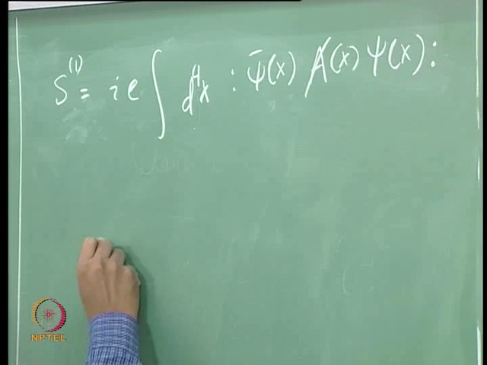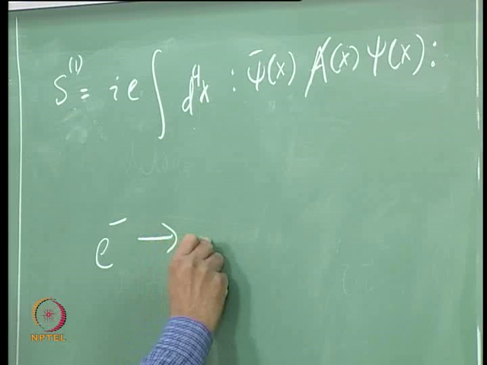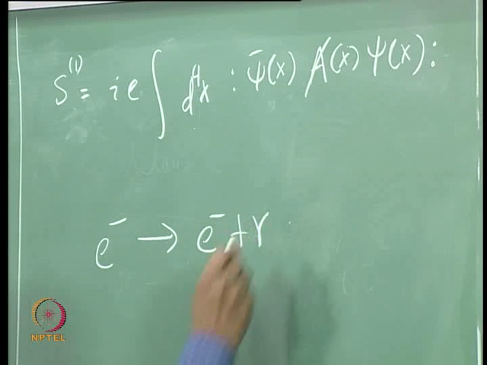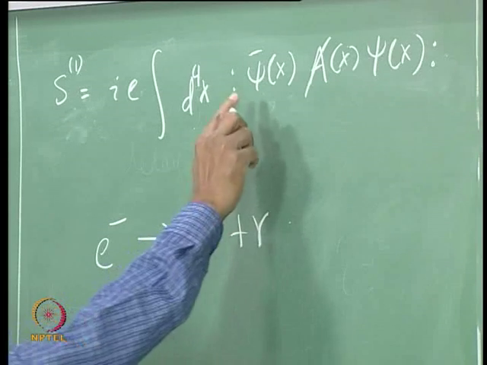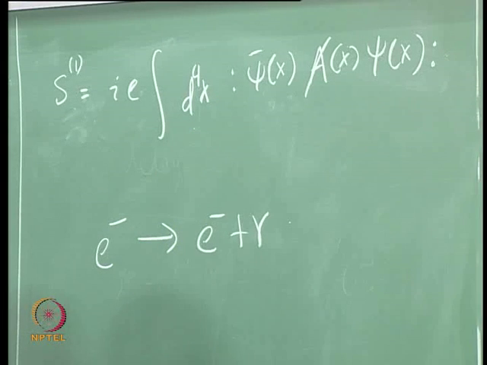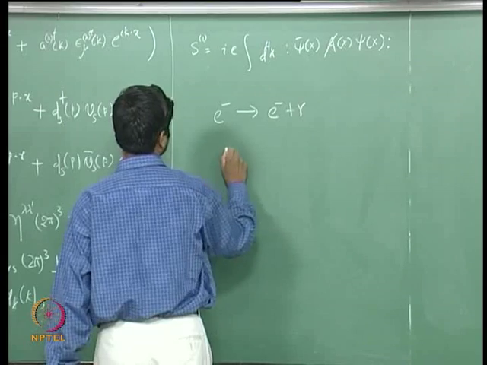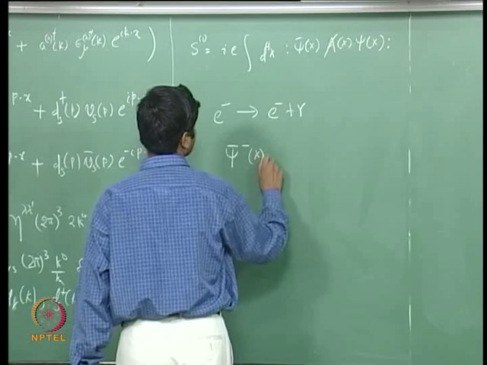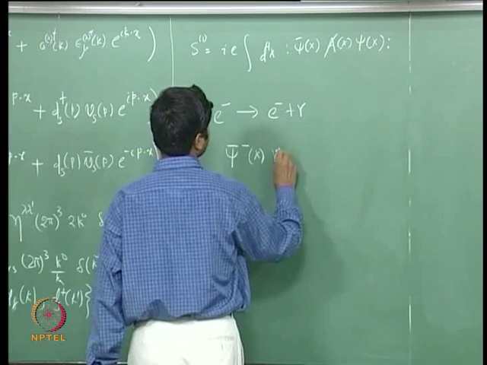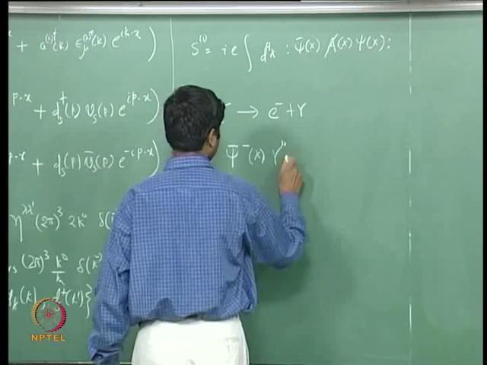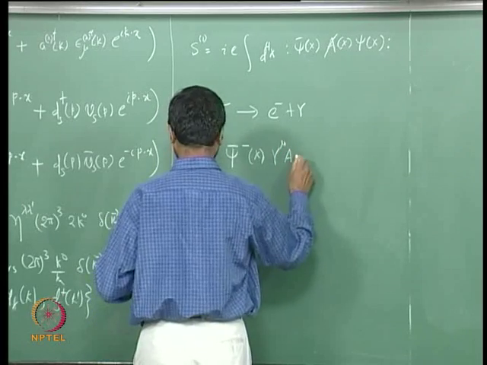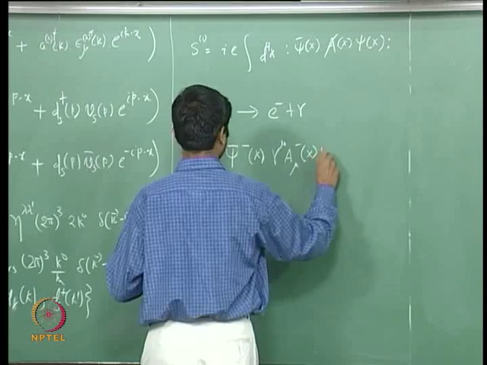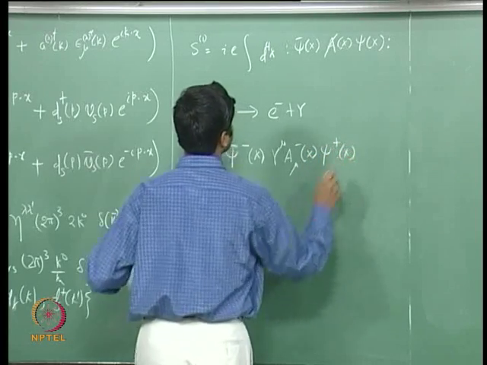So, let us consider this process of e minus going to e minus plus gamma. This is one possibility, because this term, for example, can contain one term which is psi bar minus of x gamma mu A mu minus of x psi plus of x.